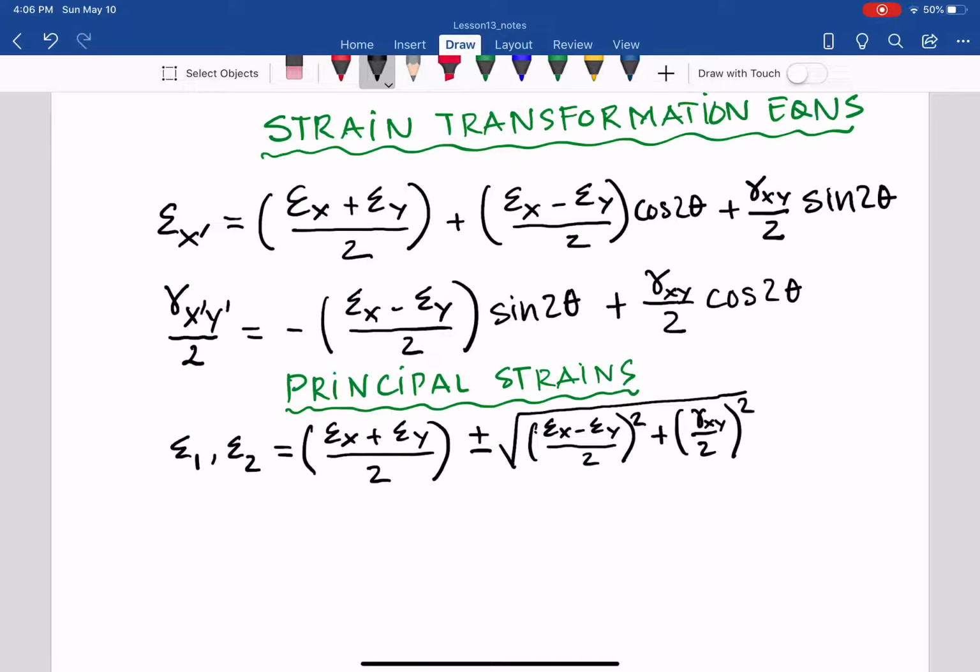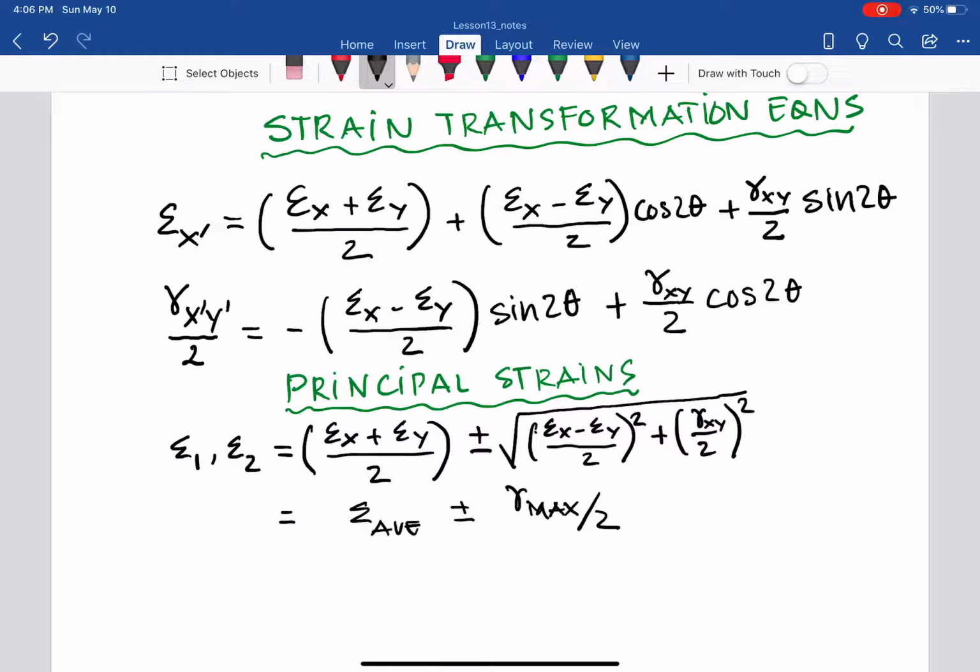And also, as you can see, that is actually equal to epsilon average plus or minus gamma max over 2, because of tau max, now gamma max over 2.